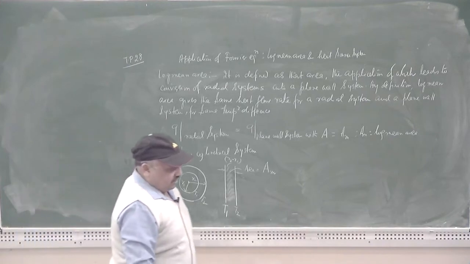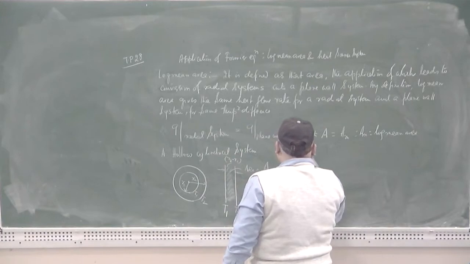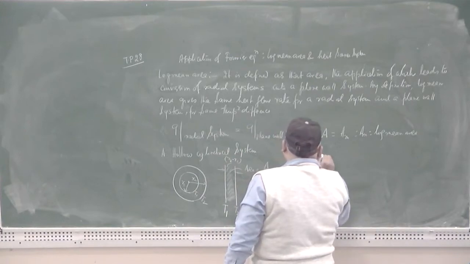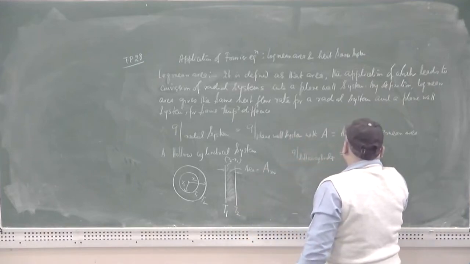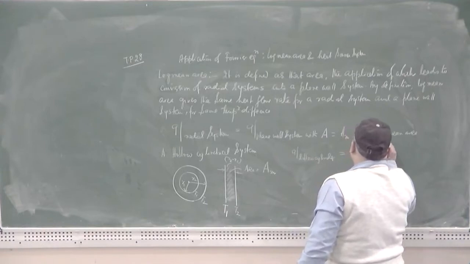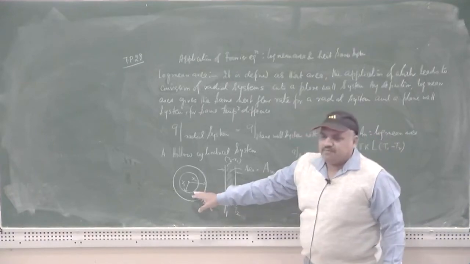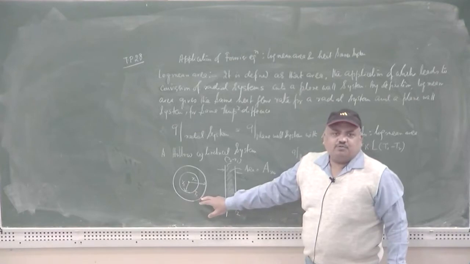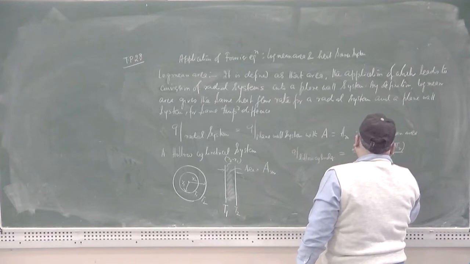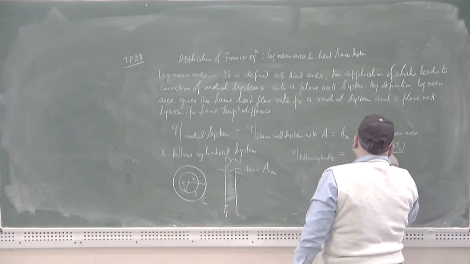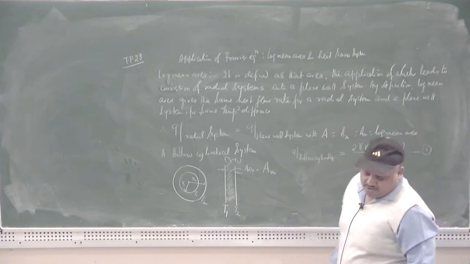So, Q for a hollow cylinder should be equal to 2 pi K L (T1 minus T2), if I am assuming that heat is being dissipated from the inner cylinder to the outer one, divided by log R2 upon R1. Let it be equation number 1.